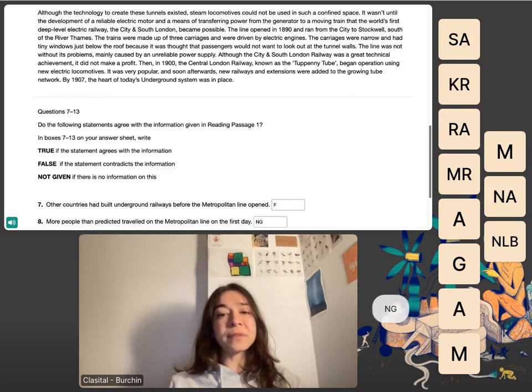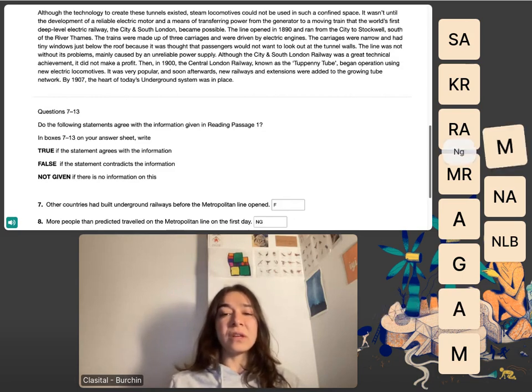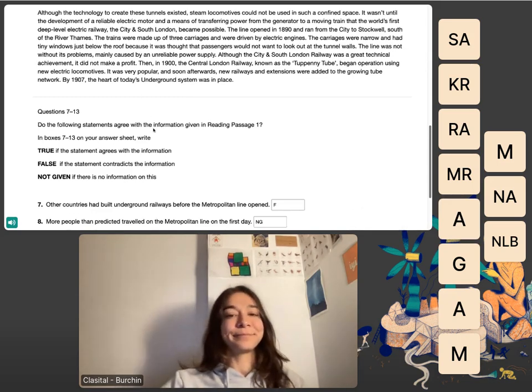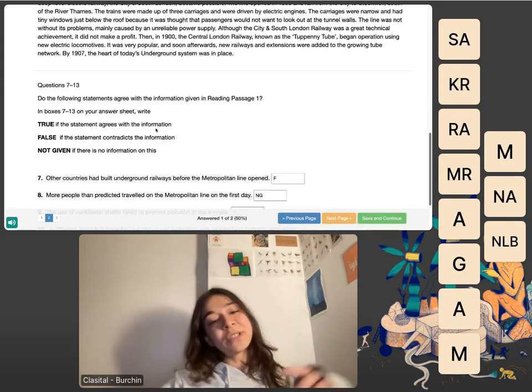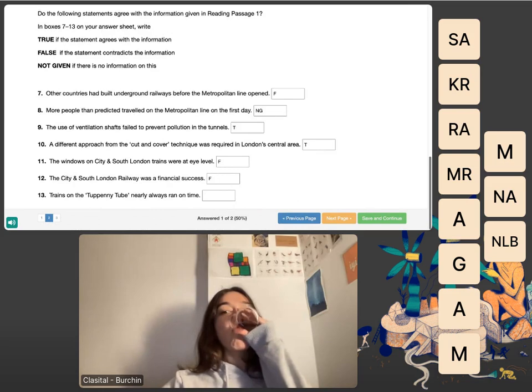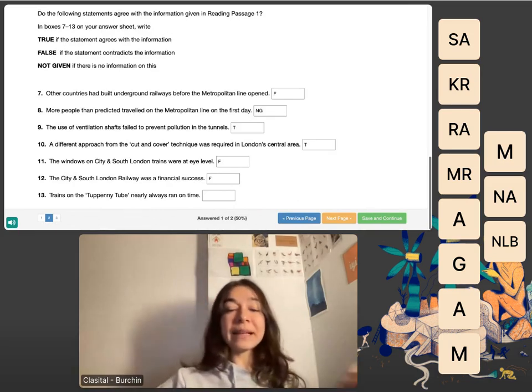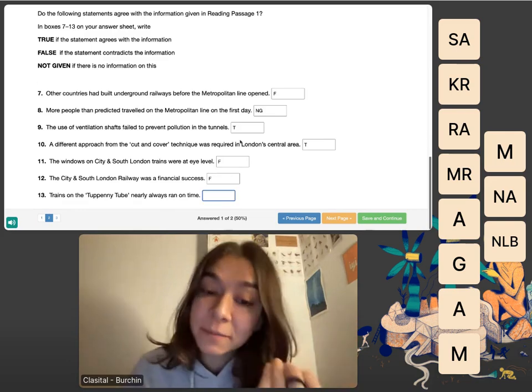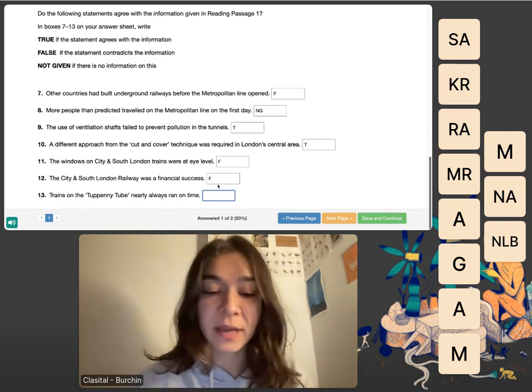It was very popular, and soon afterwards, new railways and extensions were added to the growing tube network. By 1907, the heart of today's underground system was in place. So the last one is not given. We don't have any information about this. Simply, we don't know.